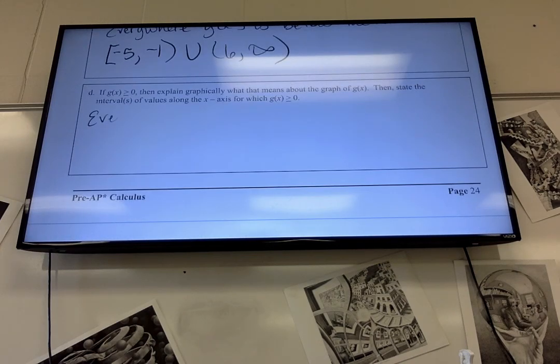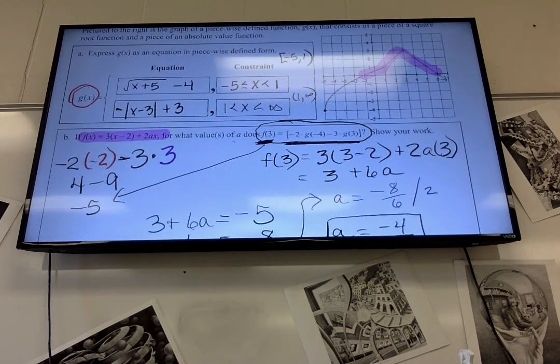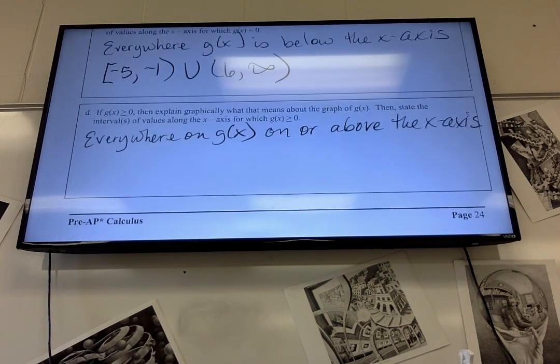So everywhere on g of x on or above the x-axis. That's explaining it by using the graph. And then state the intervals. So it would go from -1 to 6, and it would include those endpoints because it's also where it equals 0.